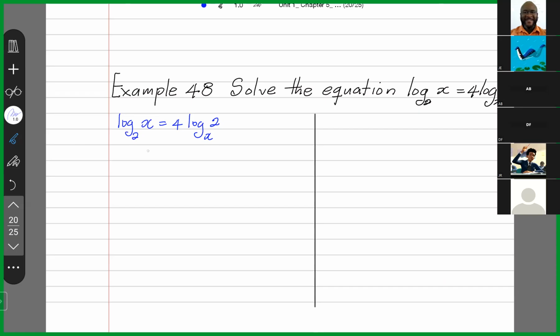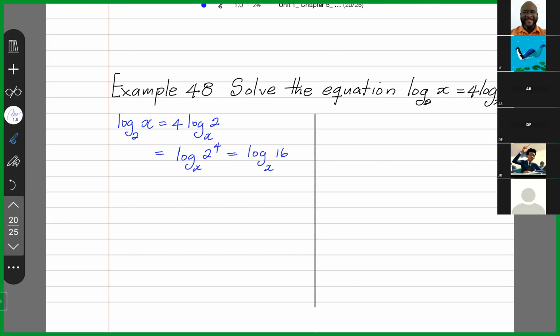So working with the right-hand side, this is the same as saying log to the base x of 2 to the 4, which is the same as saying log to the base x of 16. Now, changing the base from log to the base x to log to the base 2.